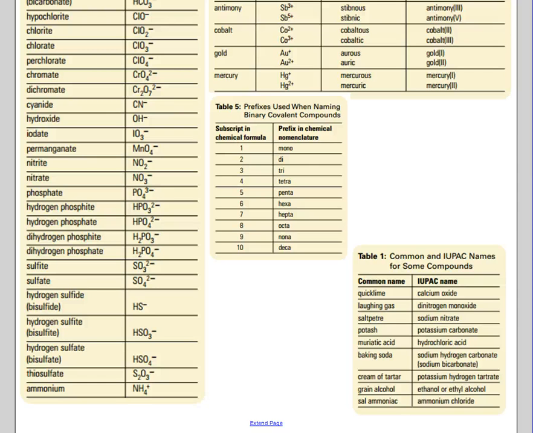So for every 1 hydrogen that's in the chemical formula, the charge will be 1 less negative, representing 1 fewer electron pair needed in the formation of the ion. So it'll take some time to get used to some of these oxyanions as well as the ones that have hydrogen in them. That's why I encourage you to look at the polyatomic ion flashcards video.